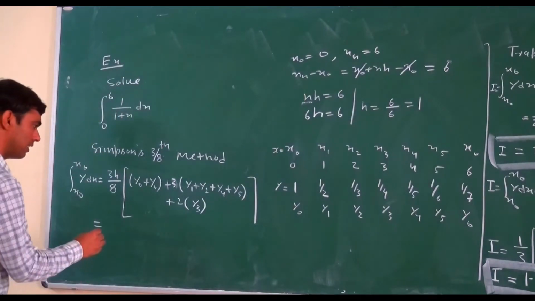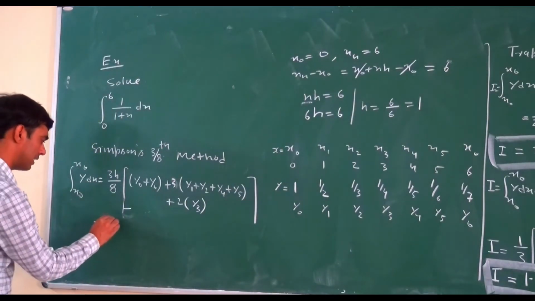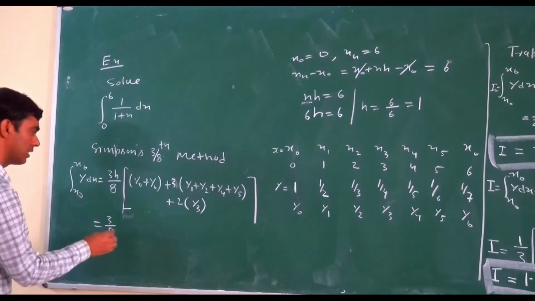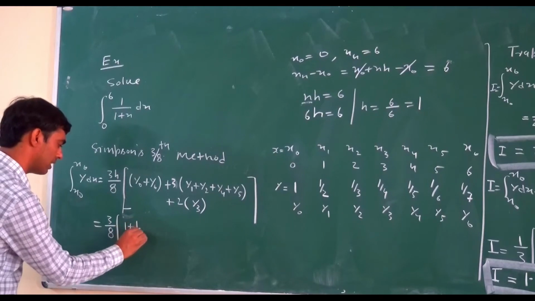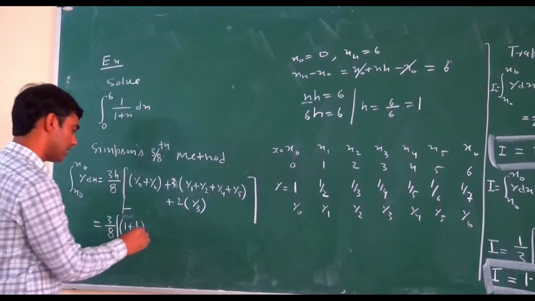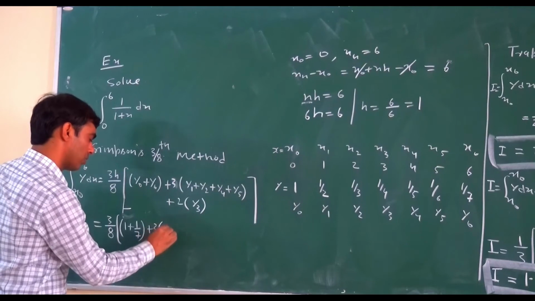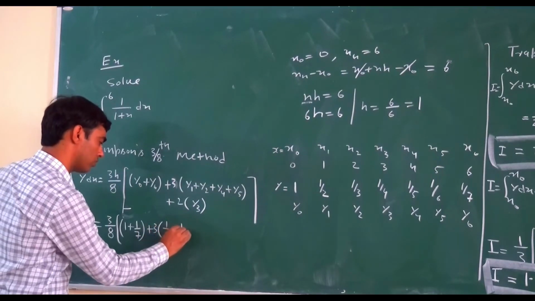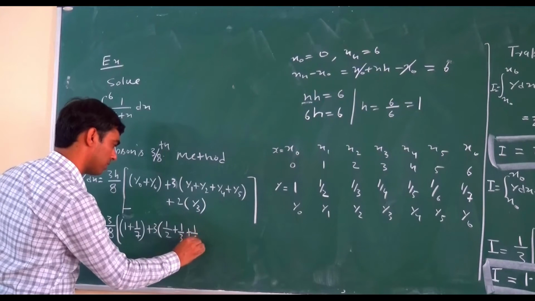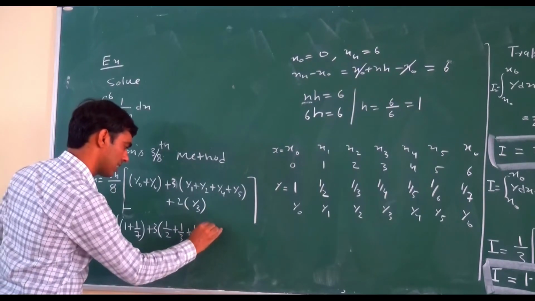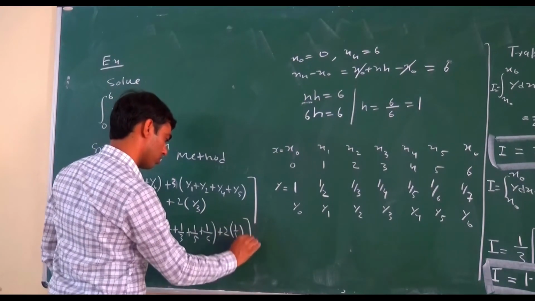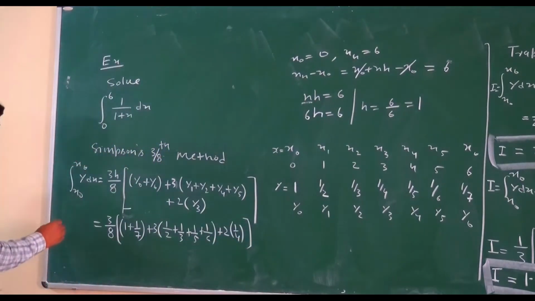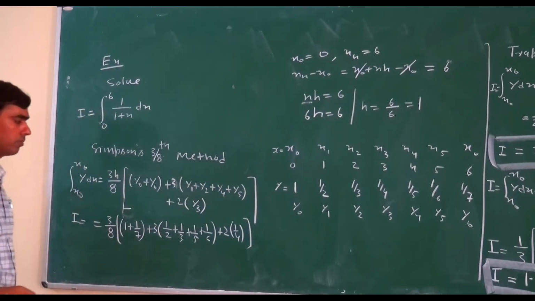So this becomes 3 by 8, inside the bracket y0 plus y6, 1 plus 1 by 7, the sum of the first and last, plus 3 times 1 by 2 plus 1 by 3 plus 1 by 5 plus 1 by 6, plus 2 times 1 by 4. This is the value for I.